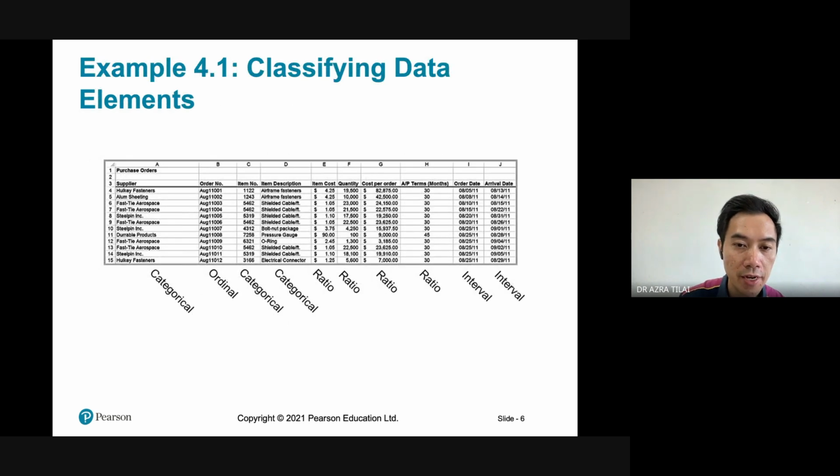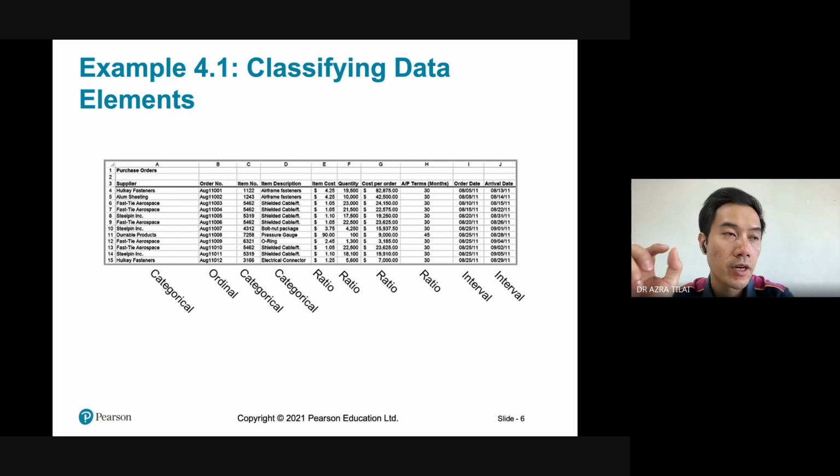So how to classify data? Here is an example for you to see the types of data in a data set. We have categorical: fastener category, alloy, fastener type, aerospace. All of these are categories. Then we have ordinal, meaning it is labeled according to maybe the time it was registered into the system.